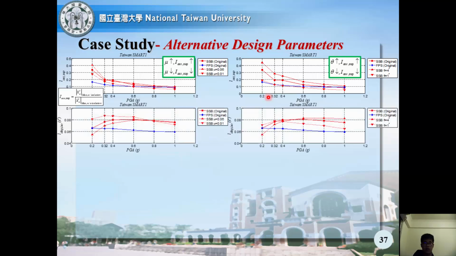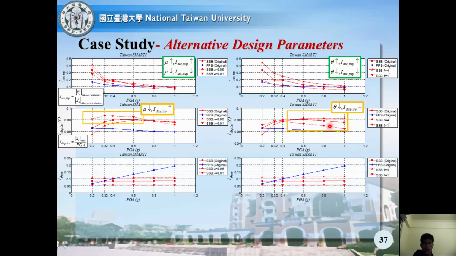For the displacement response, if we lower down the friction coefficient, it will have a negative influence on the displacement response. However, for some cases, if we lower down the inclination angle, it may also benefit the displacement response.